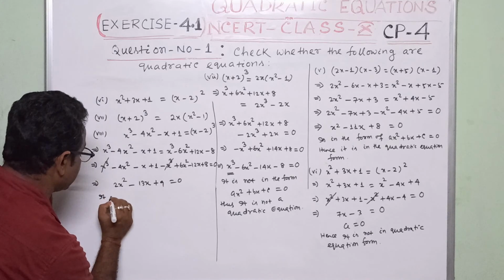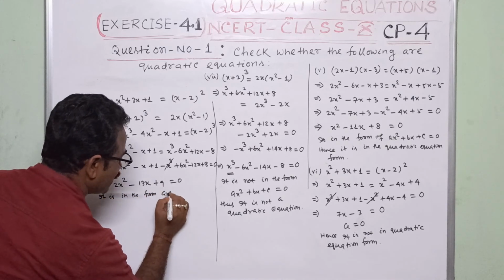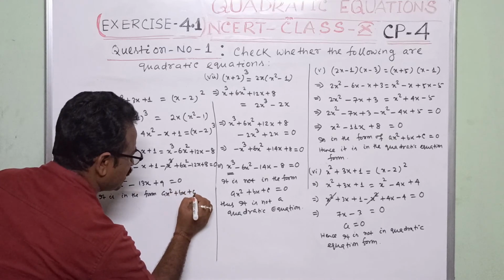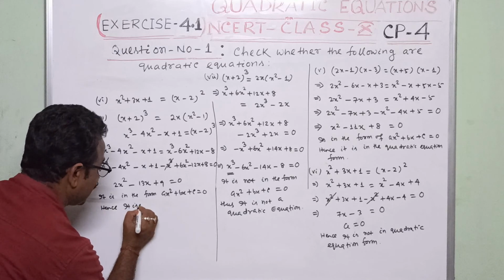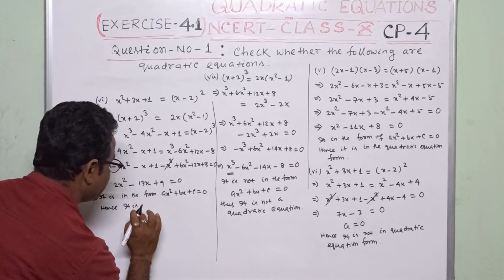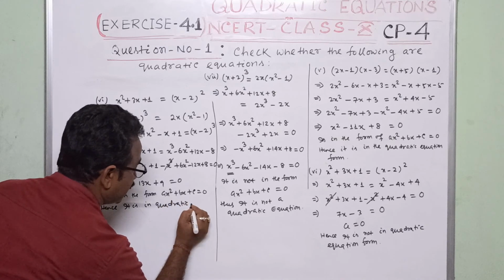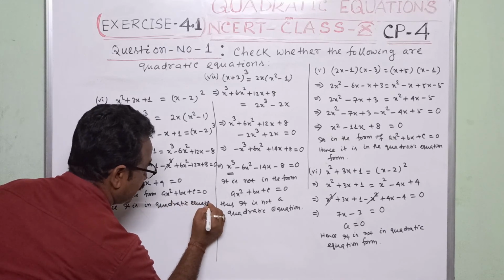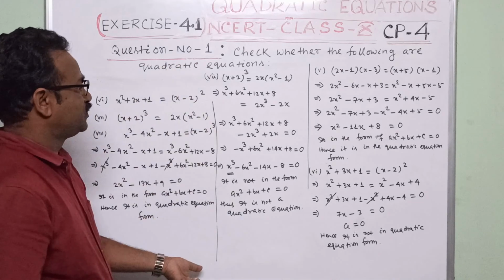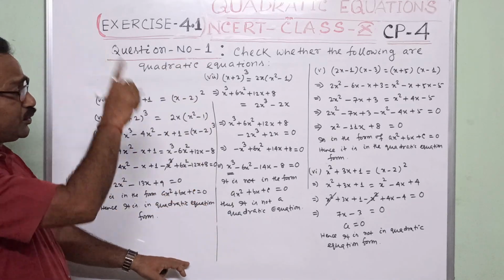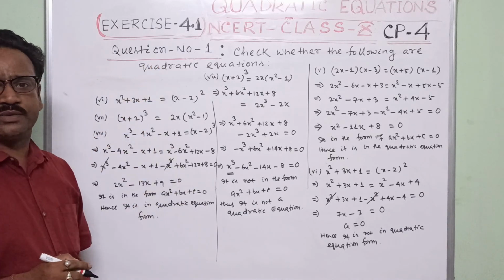It is in the form ax square plus bx plus c is equal to 0. Hence it is in quadratic equation form. Now pause the video and note it down before moving to question number 2.